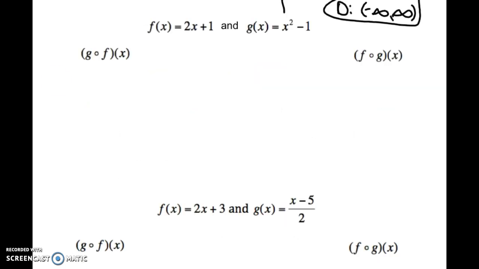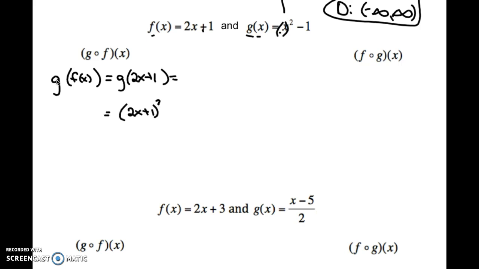In our next set of problems, we want to find g of f of x. So our first step is to change out the middle part. Well, f is 2x plus 1. I just change those out. And then g says, take your parenthesis and square it. So 2x plus 1 squared, and then subtract 1 from it.